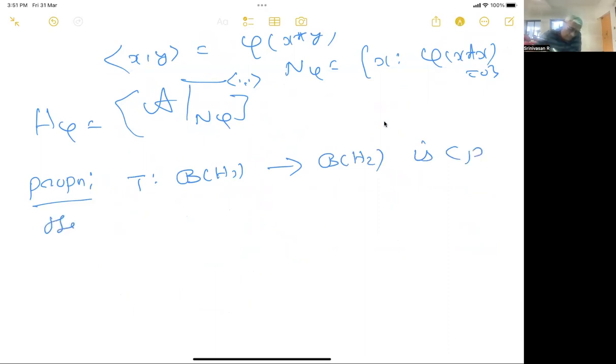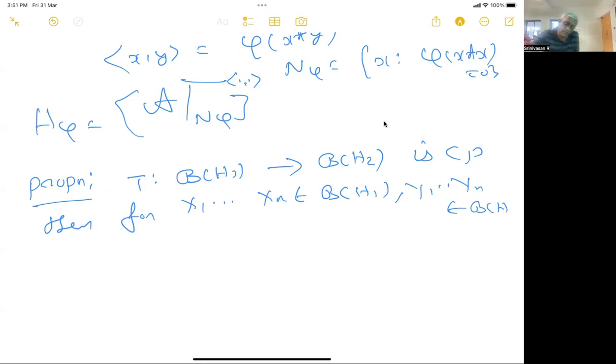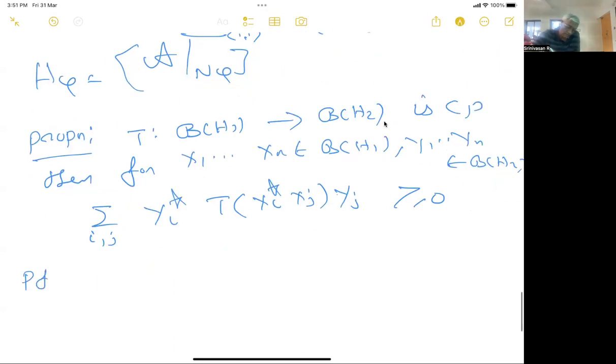Then for X1 up to Xn in B of H1, and Y1 up to Yn in B of H2, this operator, summation over i and j of yi star T of xi star xj yj, is greater than or equal to 0. The proof is clear.